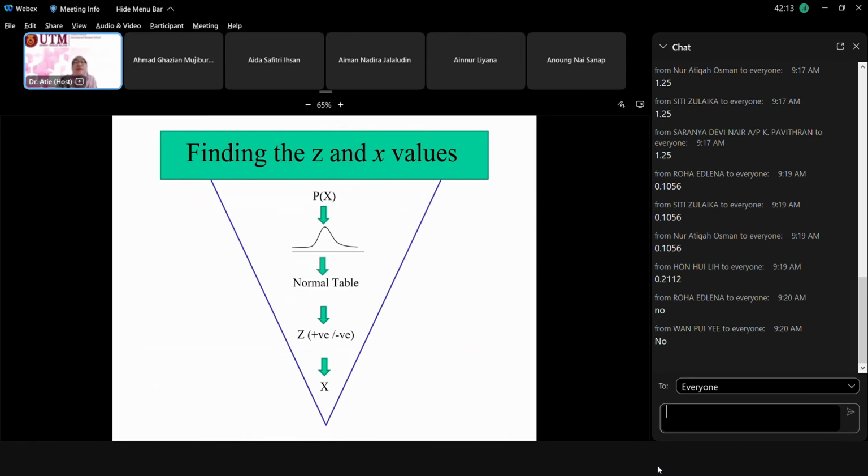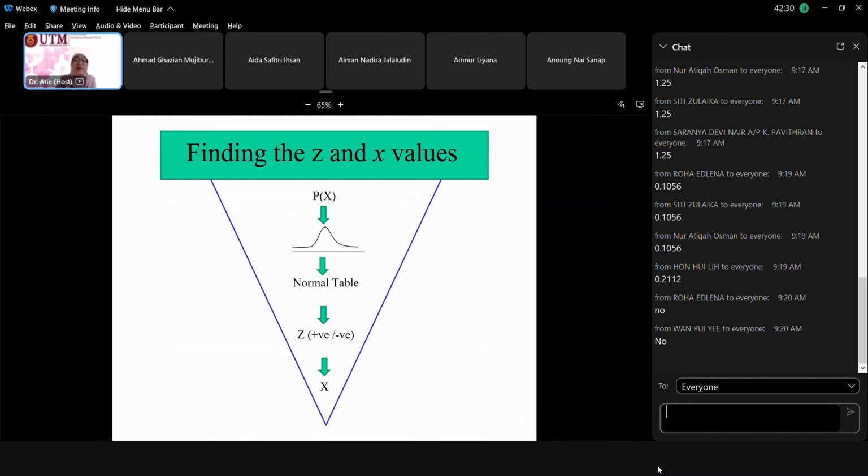So sometimes, rather than having X, converting to Z, drawing the curve, looking at the table and finding the probability, we have the other way around. The problem given to us is the other way around.